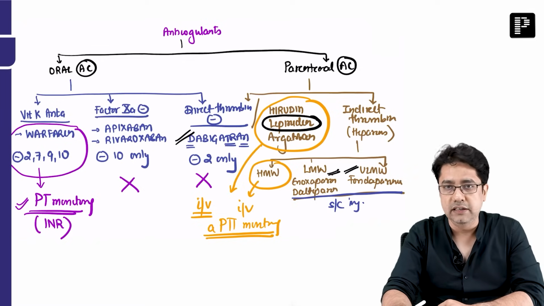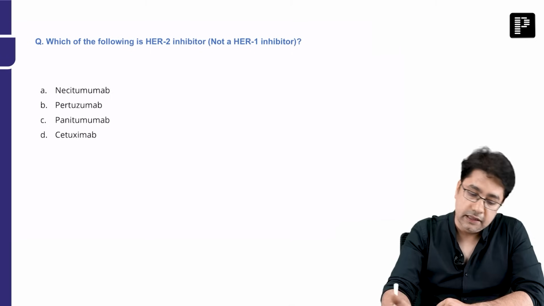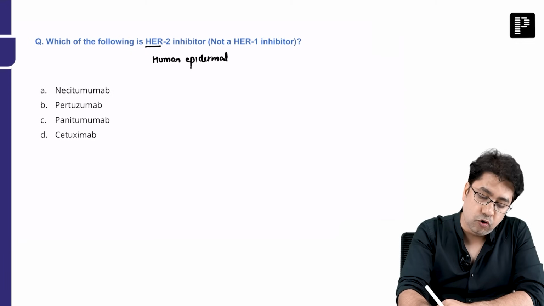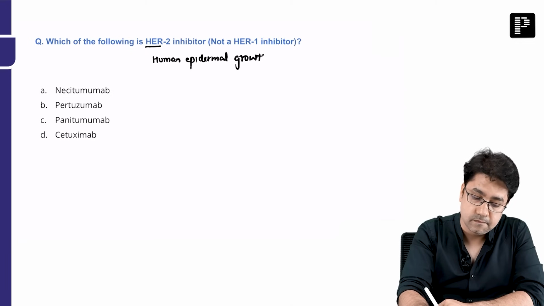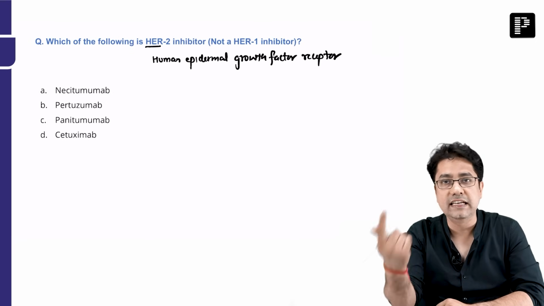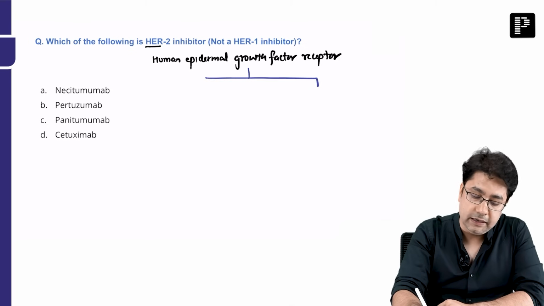Now, the next question is, which of the following is a HER2 inhibitor, not a HER1 inhibitor? Now, HER means human epidermal growth factor receptor. Now, mutation in this growth factor receptor can lead to excessive growth and cancer. Now, this HER receptor is of two types.